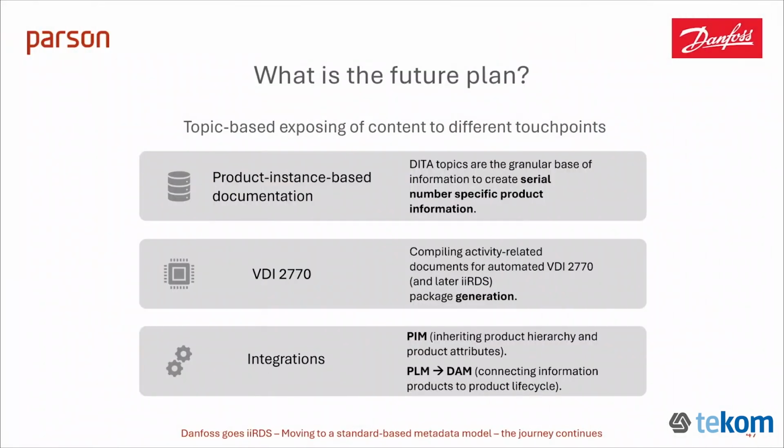I just have to run through now because we are running a little bit out of time. The idea is still that we want to create documentation, and this is all laying the groundwork, so that we can offer topics based on the serial number of a product, because that would be relevant for the customer, looking at the number plate, typing in the serial number, and they only get what they need and not more, not drowning.